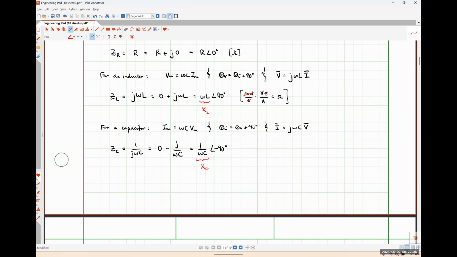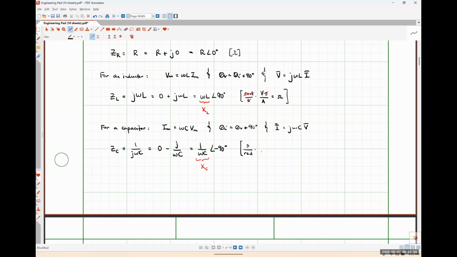So if we look at our units here, we have 1 over omega, so that's going to look like a second per radian. And then we have 1 over C, where capacitance is measured in farads, and a farad is an amp second per volt.